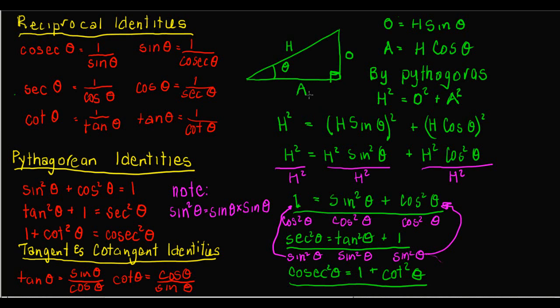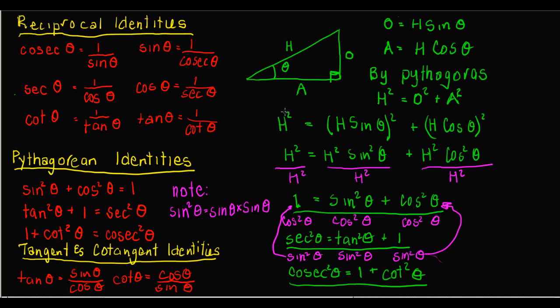So we know that the opposite side is h, the hypotenuse, times sine theta. The adjacent side is h times cosine theta. Now by Pythagoras' theorem, h squared, the square on the hypotenuse, is equal to the sum of the squares of the other two sides. In other words, the opposite side squared plus the adjacent side squared.